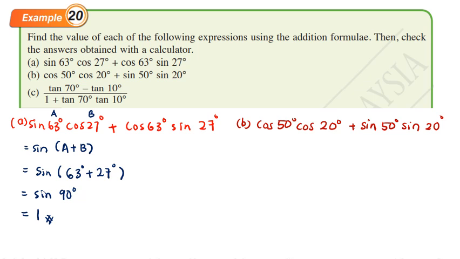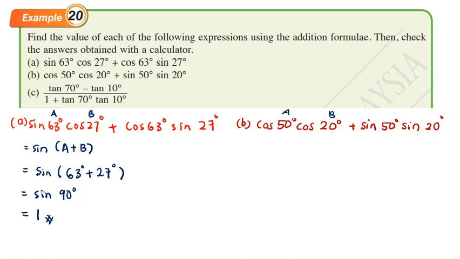Sorry, not 217, 215. Okay, so it shows that cos A cos B plus sin A sin B. So this one we denote as A, this one is B.